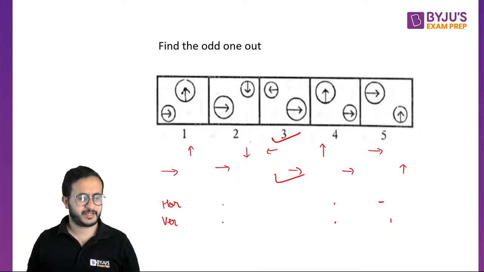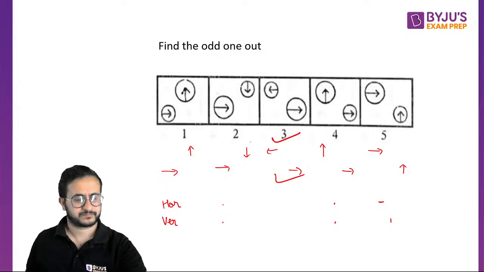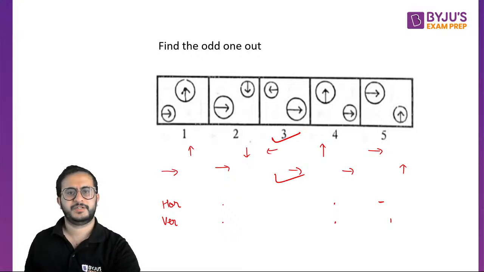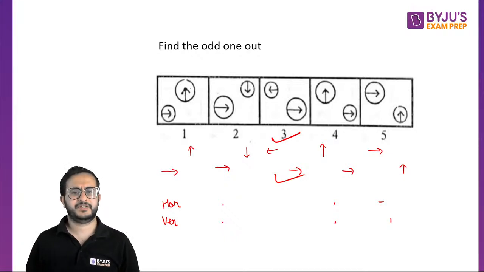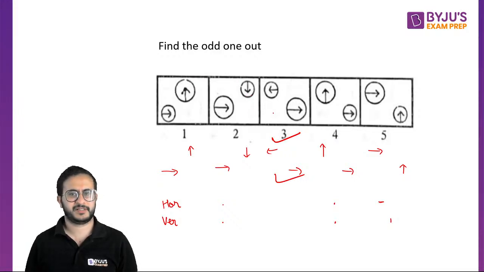What are the other reasons that you give? Isn't it? So that's a valid reason, right? So one horizontal and one vertical. Whichever it is, bigger circle, smaller circle, one of them is horizontal, one is vertical. In this, both are horizontal lines.